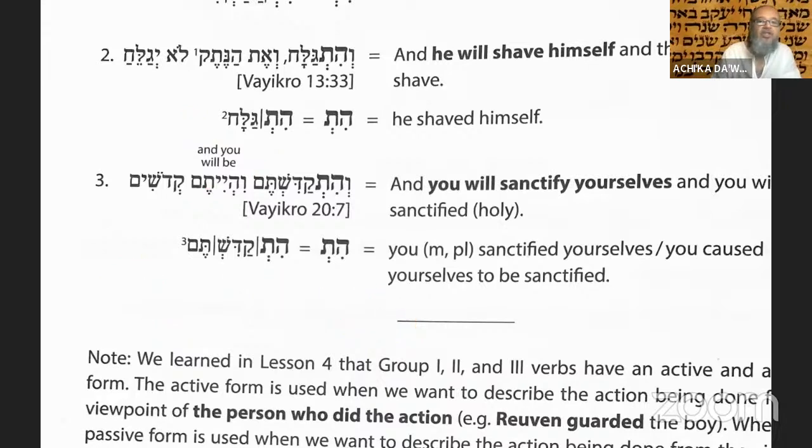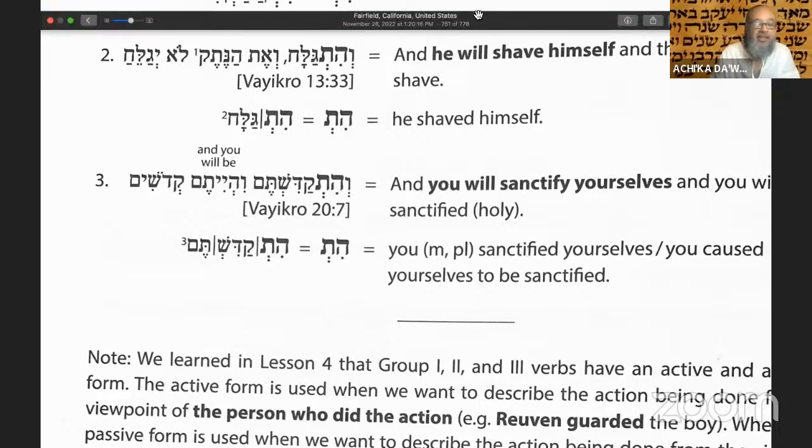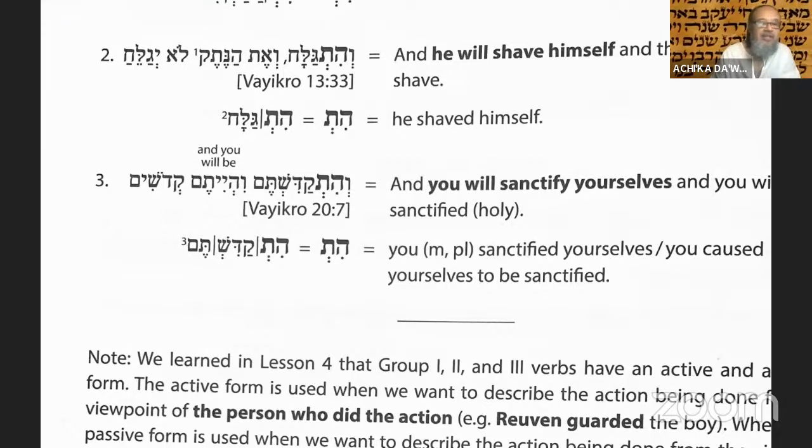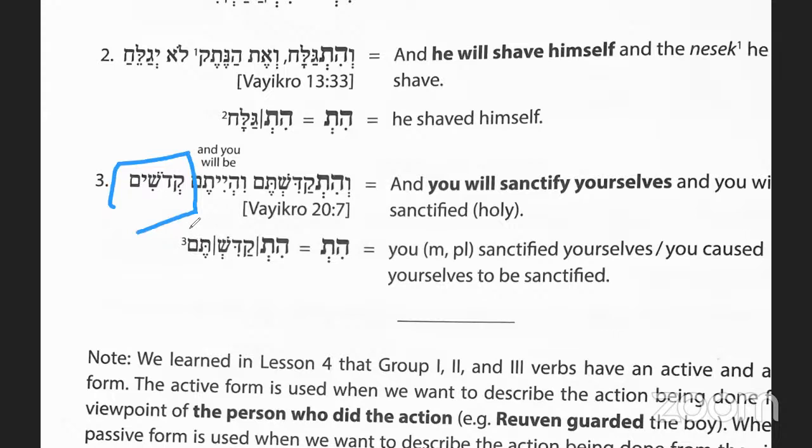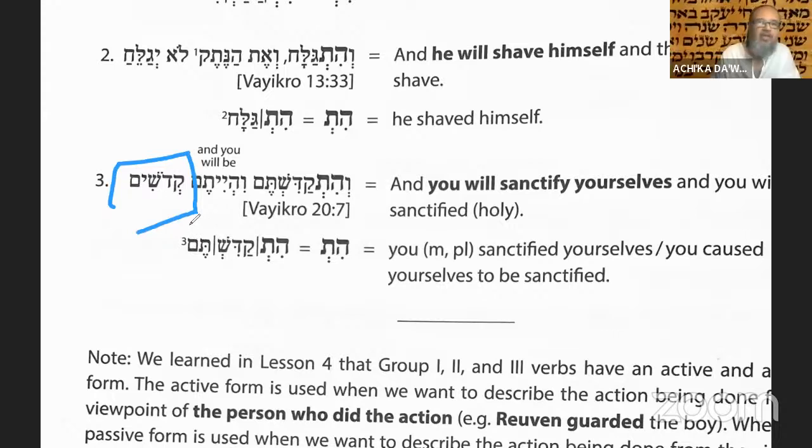So with hith quadashtim, how do you say this last one? Quadashim, perfect. So with hith quadashtim, the vav yithim, the quadashim. Why is it quadashim and not quadashim?